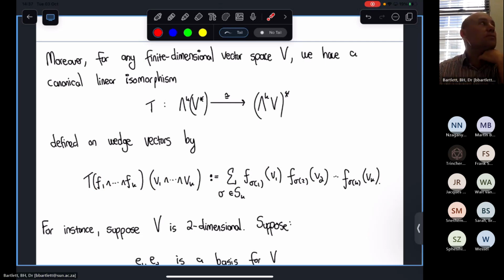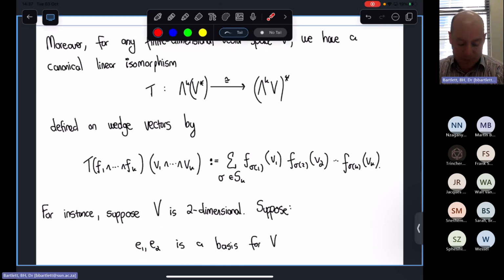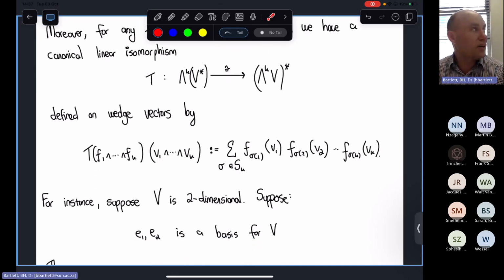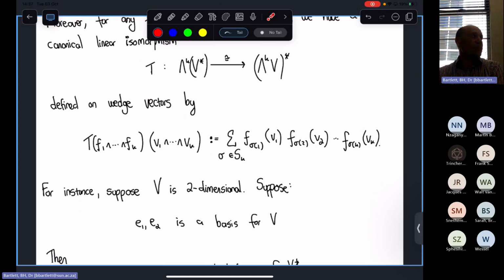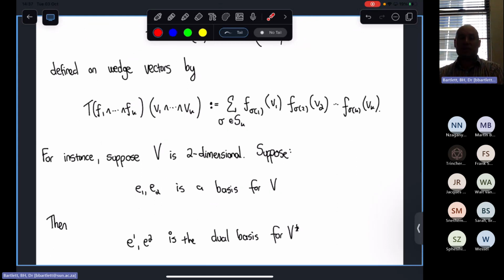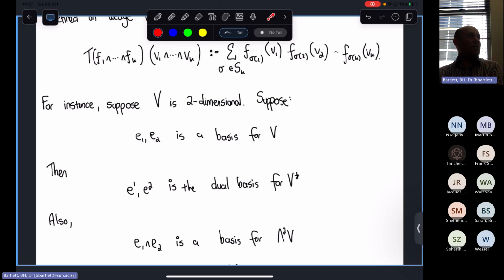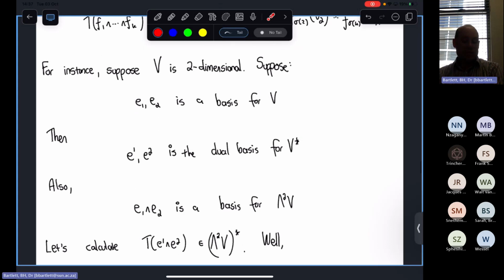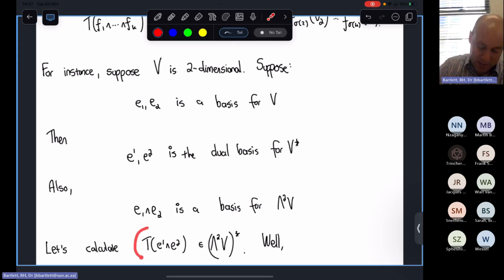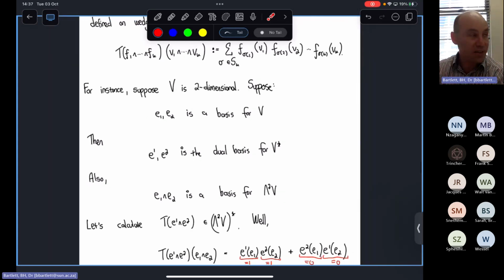Okay. So just to be clear, if your V is two-dimensional, so suppose that E1, E2 is a basis for V, then you've got the dual basis for V star. And E1 wedge E2 would be a basis for the second exterior power of V. And I want to calculate what this guy is going to be as an element of the dual of the second wedge of V. I use the definition.